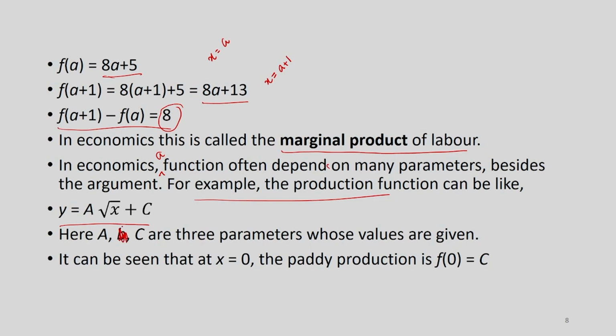Here a and c are parameters whose values are given from outside, which is why they are called parameters, and they actually affect y. But since their values are given, they are not the thing we are going to concentrate too much on.